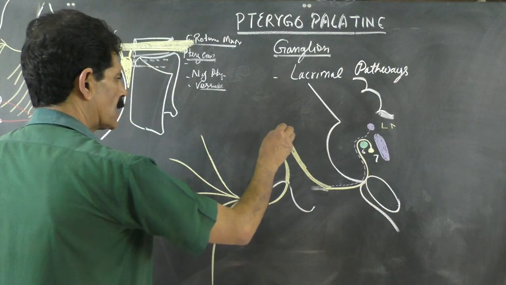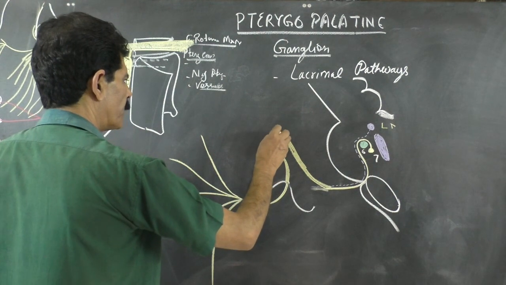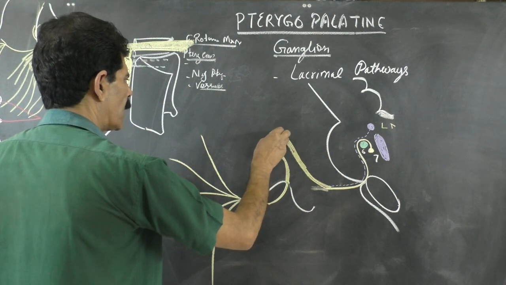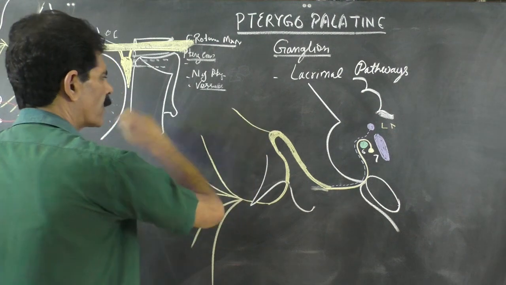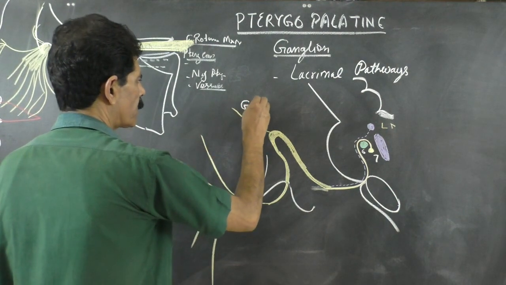So from this bend of the geniculate ganglion in the petrous part of temporal bone arises a nerve. This nerve is called greater petrosal nerve.